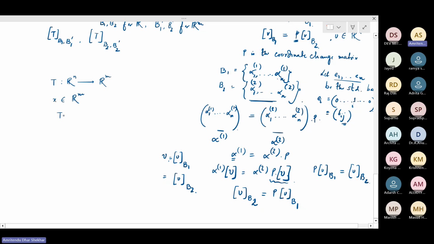You want to compute Tx, and let's say you have computed a matrix corresponding to T, and in coordinates it comes out to be this matrix T multiplied with x, with respect to, let's say, V1.